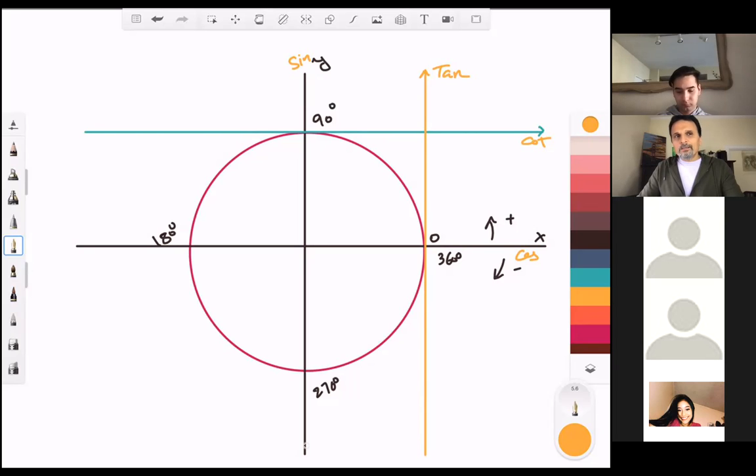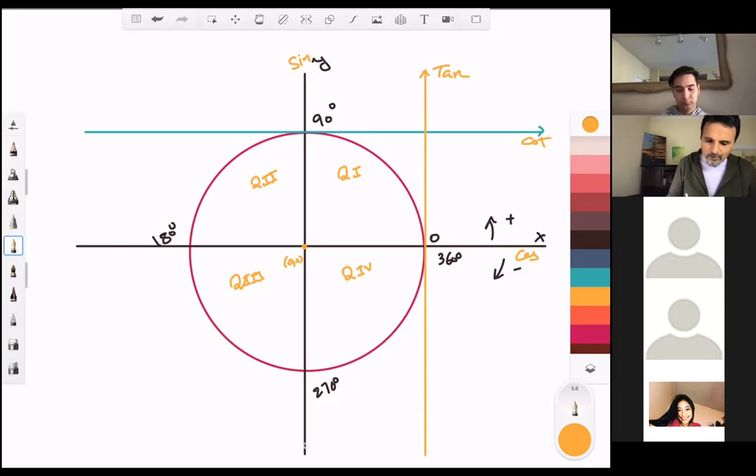So how many quadrants do we have? We learned this is quadrant 1, that's quadrant 2, this is quadrant 3, correct? That's quadrant 4. We go counterclockwise.